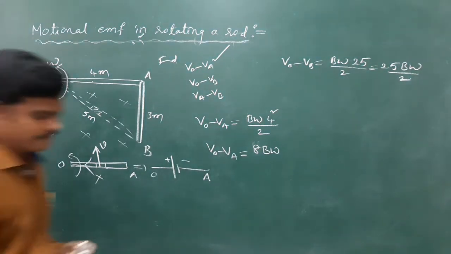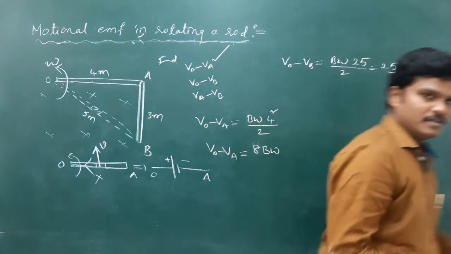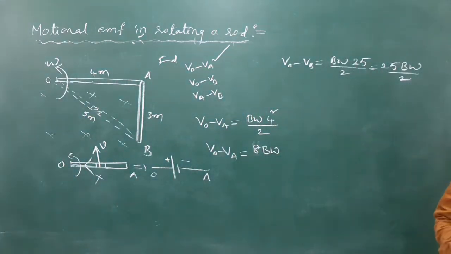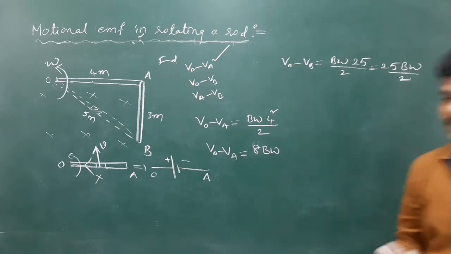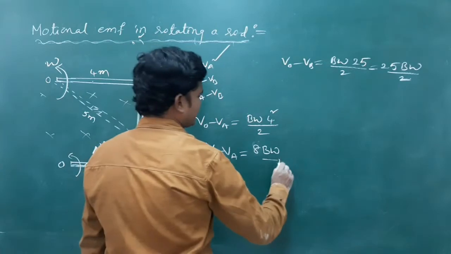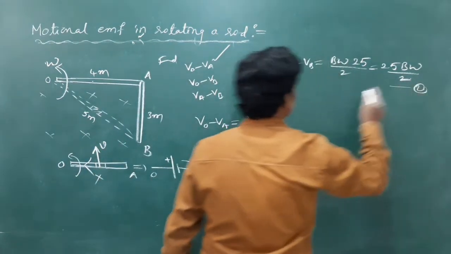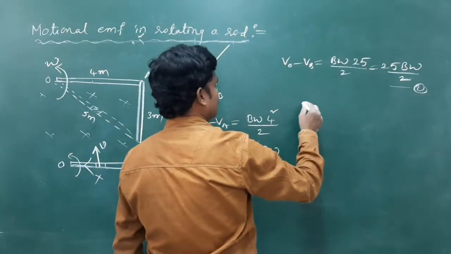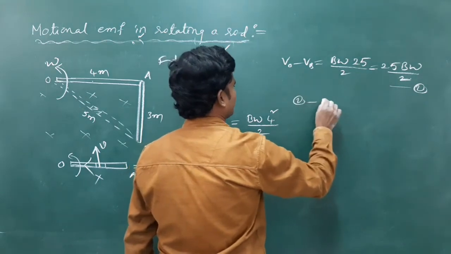So I got finally VO minus VB. And anyhow we calculated VO minus VA also. So by using these you try to find VA minus VB, the potential difference between A and B. Let us take this as equation number 1 and 2. So subtract 1 and 2.